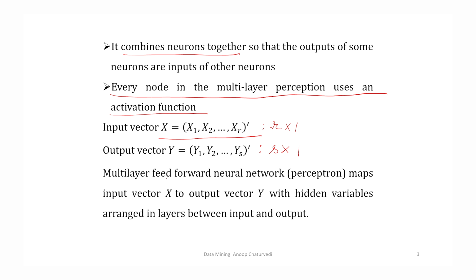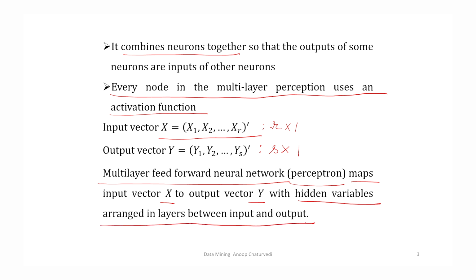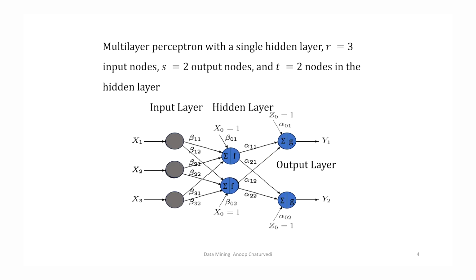Then multi-layer feed forward neural network or perceptron maps input vector x to output vector y with hidden variables arranged in layers between input and output. So, in between you have some hidden variables which are arranged in different hidden layers.